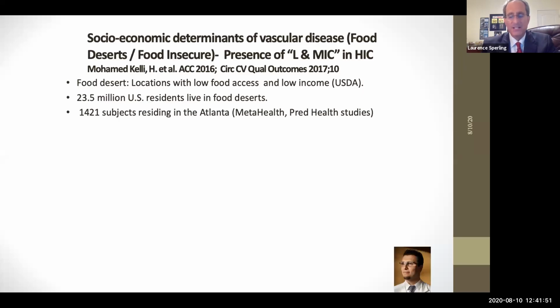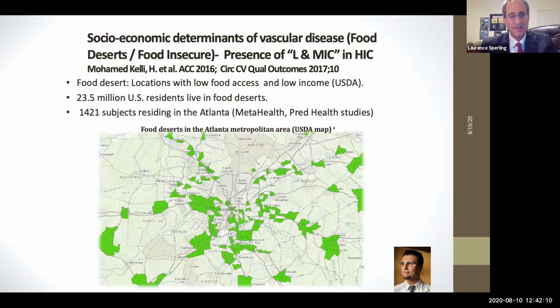One of our recent fellow graduates, Haval Kelly, and others at our Emory Clinical Cardiovascular Research Institute, we have done some research on food deserts, areas of food insecurity, and a little less than 10% of Americans live in a food desert. The green areas on the slide here, these are not parks in Atlanta. These green areas represent areas of food insecurity.